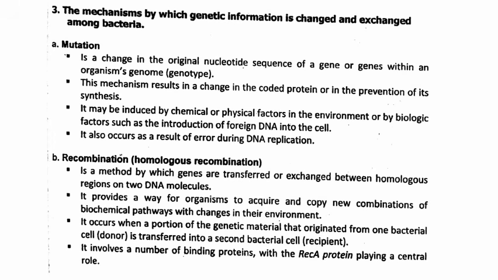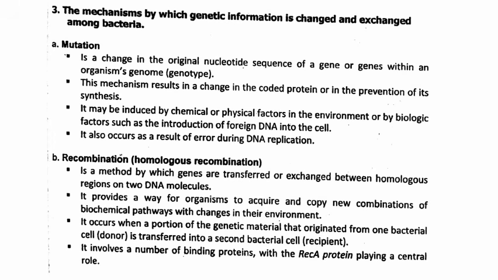Now, it occurs as the result of error during DNA replication. So, in the normal replication process of bacteria, errors typically occur, at a rate of about 1 in 10^7 cells. So, again, exposure to certain chemical and physical agents can greatly increase the mutation rate in bacteria.